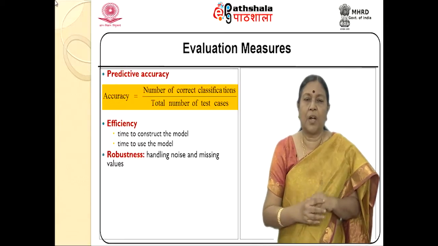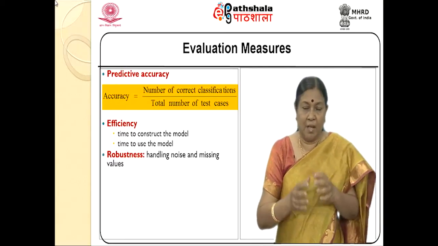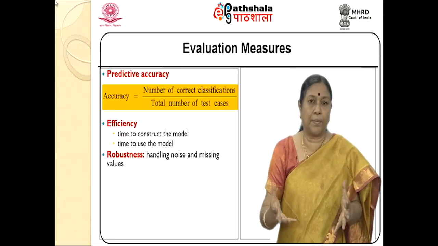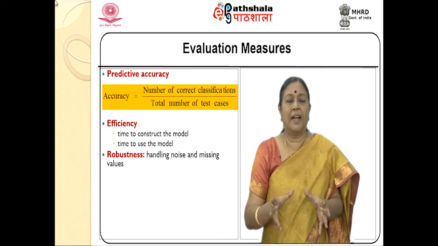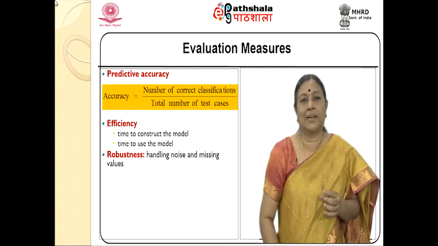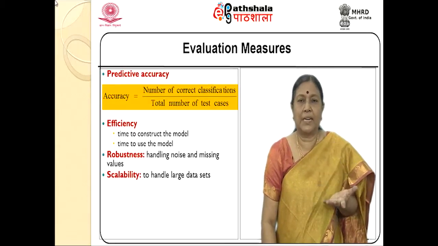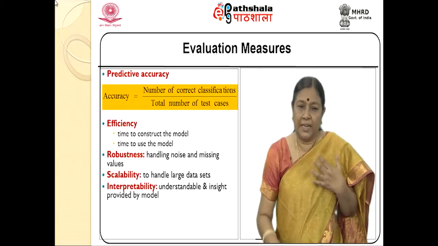Then robustness: how can it handle noise and missing values? This is very important in classification because it is a realistic approach and you cannot ensure that all the labeling will be correct and there are no missing values. Missing values in the sense of values that contribute to the classification. Scalability is another one, that is, you must be able to handle large data sets.